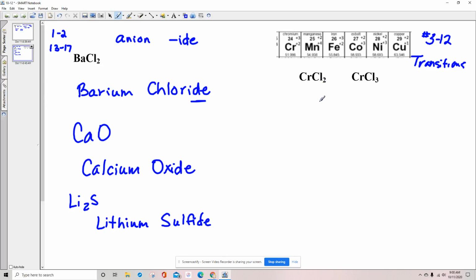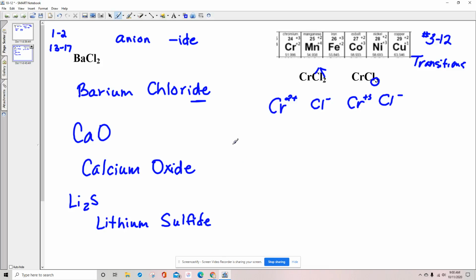So I know that chlorine normally has an oxidation or a charge of -1. So that means if I uncross this, that 2 came from chromium. So this chromium must have been the +2 version of chromium. And if I do this one, same thing, since chlorine is 1, uncross this 3, and that means that this must be the +3 version of chromium.